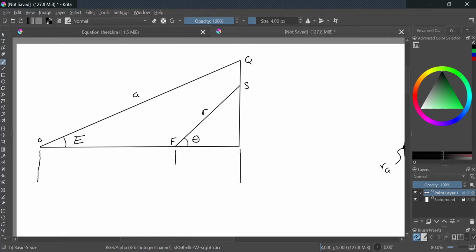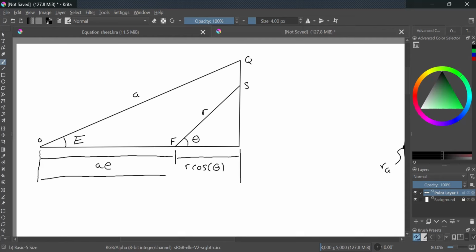So if we project our radius straight down, that is going to give us an equation of the radius times the cosine of our true anomaly angle. The distance from the center to a focal point of an ellipse, geometrically speaking, is going to be our semi-major axis times our eccentricity.